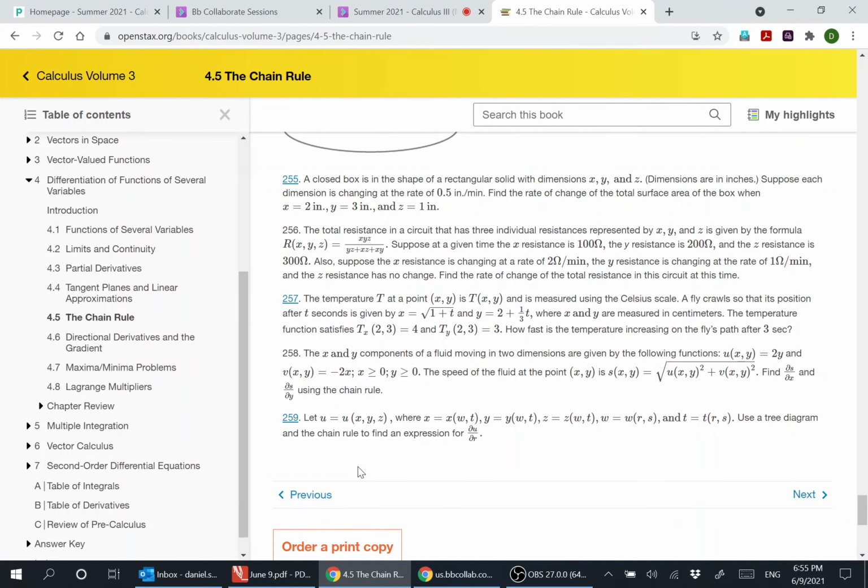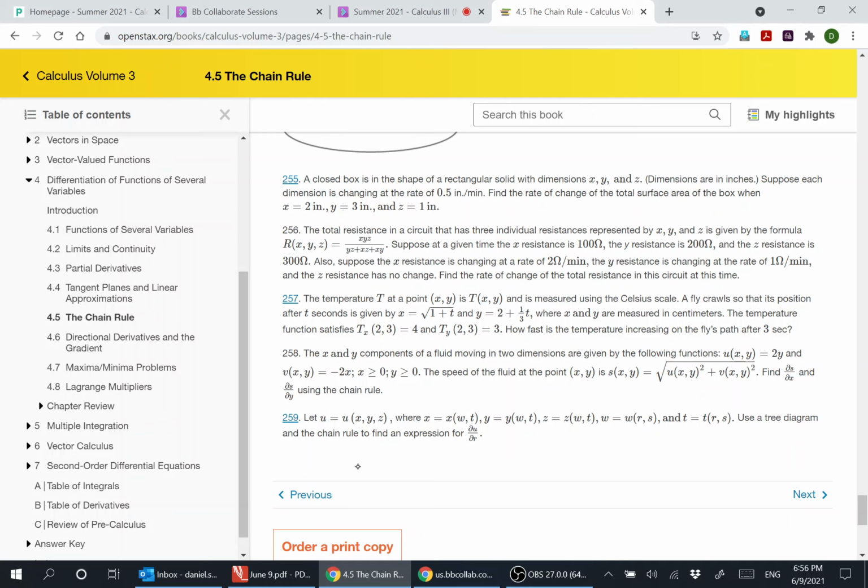So the temperature at a point (x, y) is T(x, y) and is measured using the Celsius scale. A fly crawls so that its position after t seconds is given by x equals square root of 1 plus t, y equals 2 plus 1/3 t, where x and y are measured in centimeters.